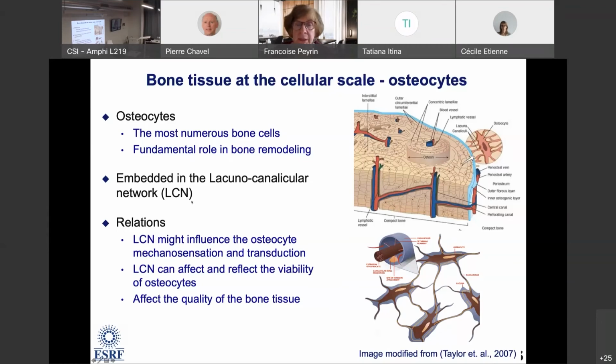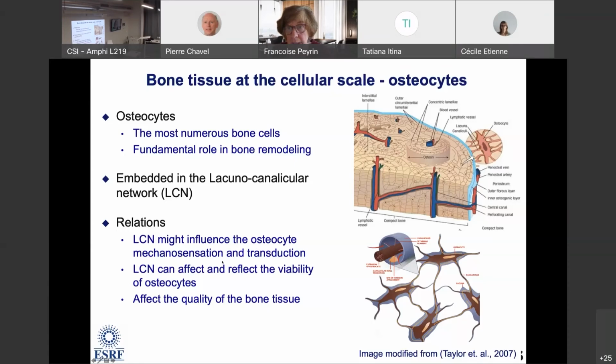Actually, these osteocytes, they are connected. So here you have the osteocyte, and they are connected through even smaller channels, which are called the canaliculi, sorry, and which are very important. This system, including the osteocyte and the canaliculi, is very important to assess the quality of bone.